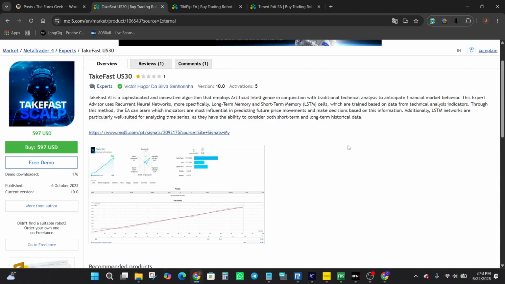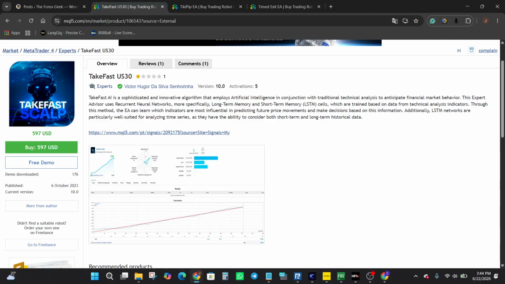Looking at the overall concept of the EA, the key feature being promoted is the integration of artificial intelligence with technical analysis. Rather than describing individual indicators or fixed trading rules, the developer explains that the system is designed to learn from indicator-based data and identify which inputs are most useful when forecasting future price behavior.